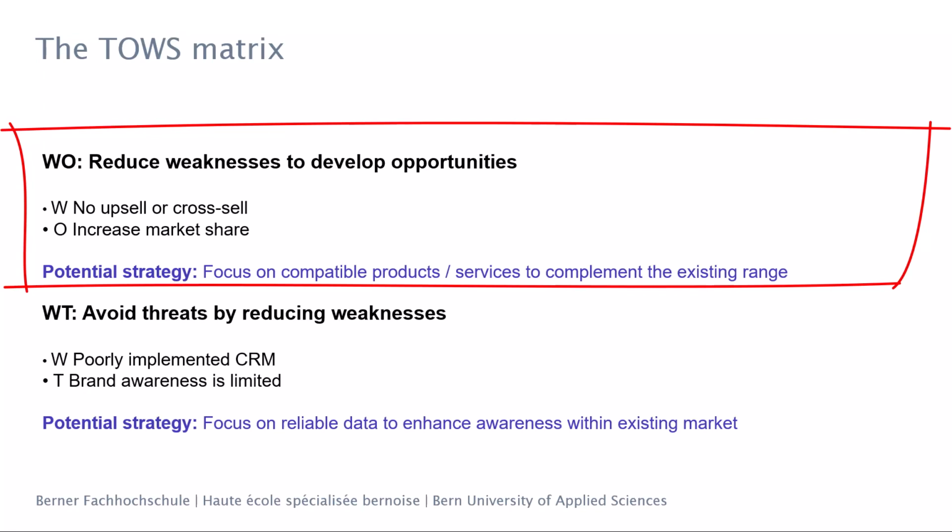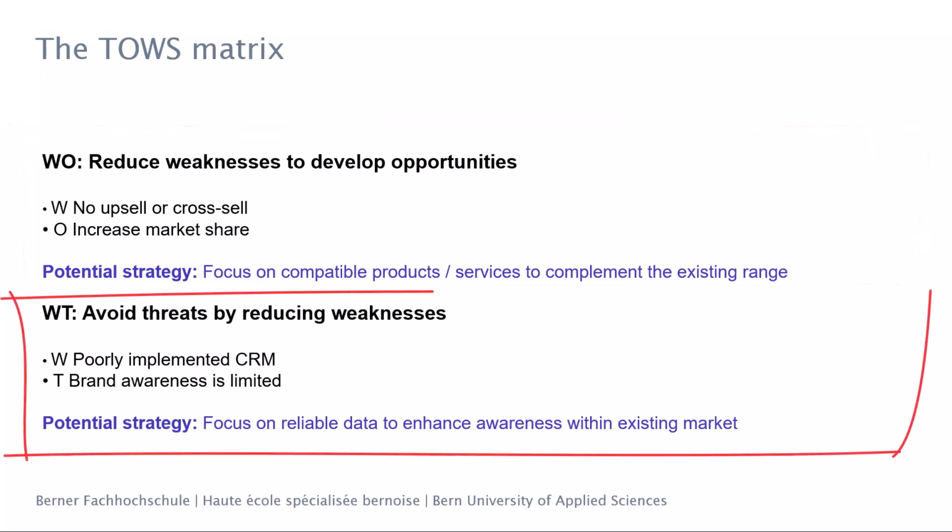We see that there's an opportunity to do it, but our weakness in upselling and cross-selling is stopping us from doing that. So the strategy might well be to focus on compatible products and services to complement our existing range, and so make that upselling and cross-selling part of the day-to-day sales process that is very, very close to what we already do, thus reducing the weakness and giving us the opportunity to increase our market share.